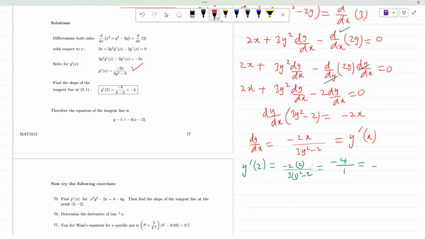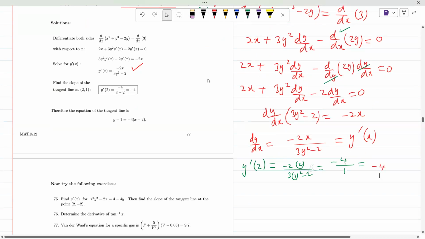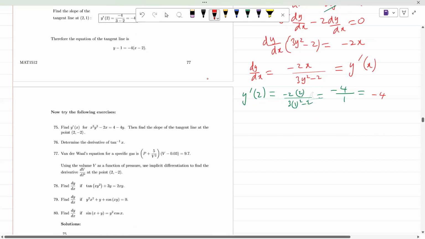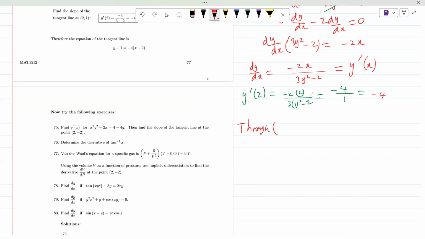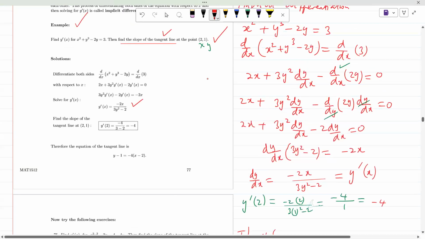But obviously, at this point, we have something to remember. We want to find the tangent, which is a straight line that passes through the point 2, 1.